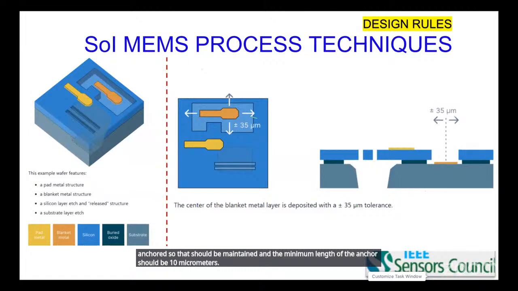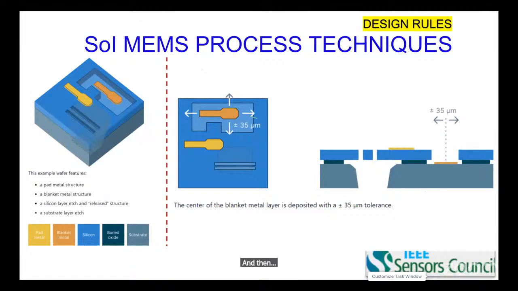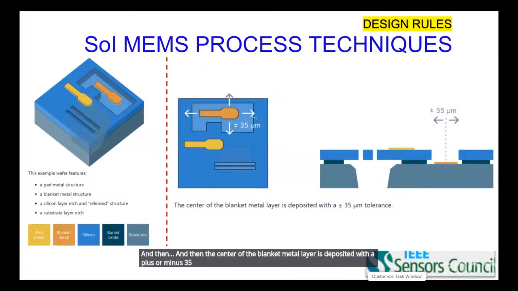And then the center of the blanket metal layer is deposited with a plus or minus 35 micrometer tolerance. That is, every side it has to have a minimum of 35 micrometers. Otherwise, because it is also a metal, and next to that the contact is also a metal, we need to maintain a proper distance for the blanket metal.